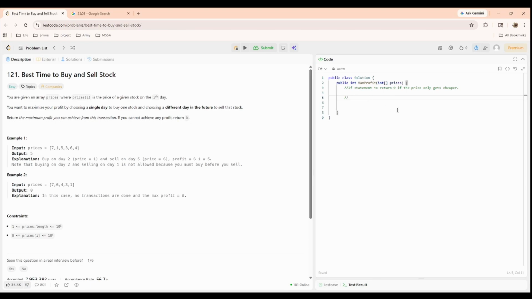So let me just write out every little thought that I'm getting. Find the lowest value inside the array, and check if it's the last day. And make sure it's not the last day because you don't want to donate money.